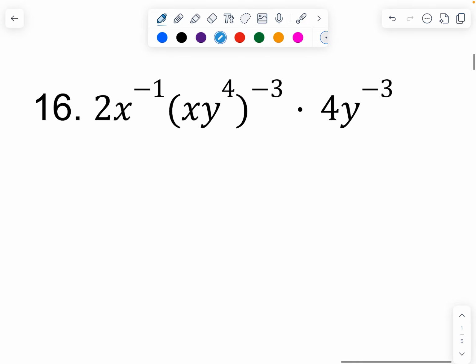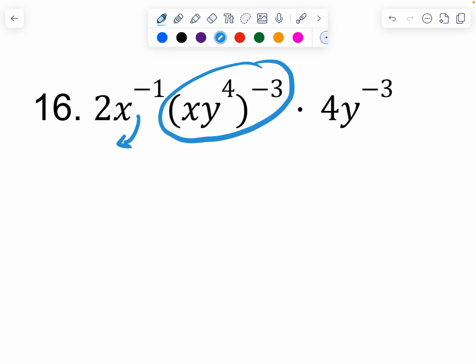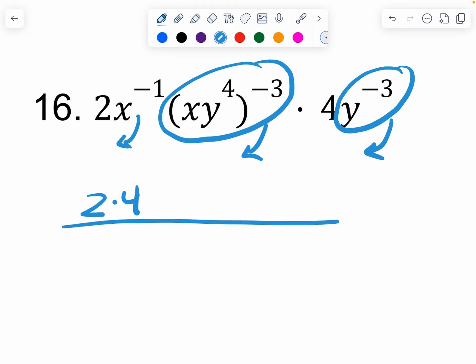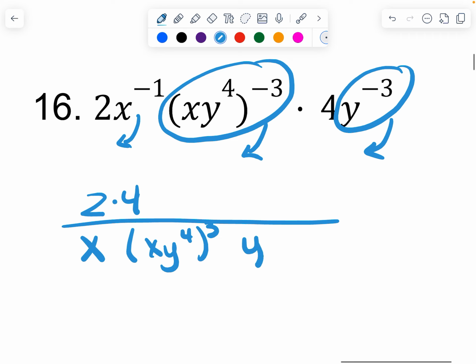Okay, so this one, it's going to the denominator. This whole thing is going to the denominator, and this is going to the denominator. So I have 2 times 4 in the numerator. I have x. I have xy to the fourth, all raised to the third, and I have y to the third.